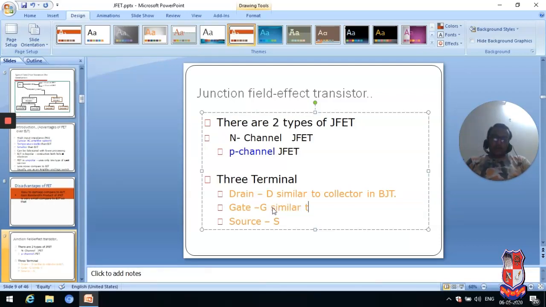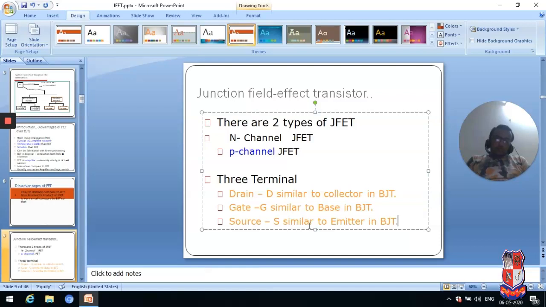It is similar to base in BJT. Source means what? Similar to emitter in BJT. So it has basically three terminals: drain, gate, and source.